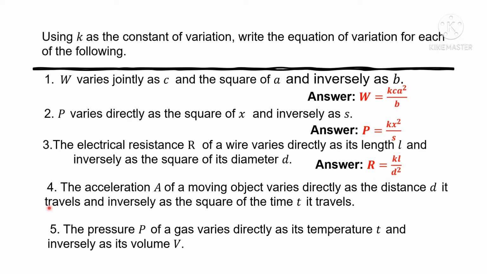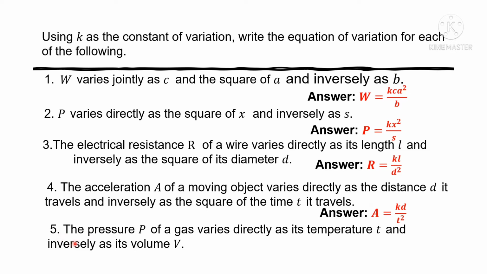Okay, number 4. The acceleration A of a moving object varies directly as the distance d it travels and inversely as the square of the time t it travels. So the answer is A equals kd over t squared.